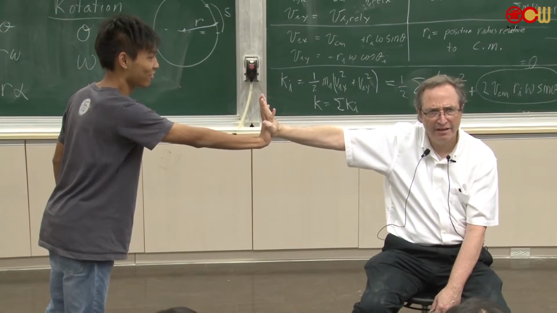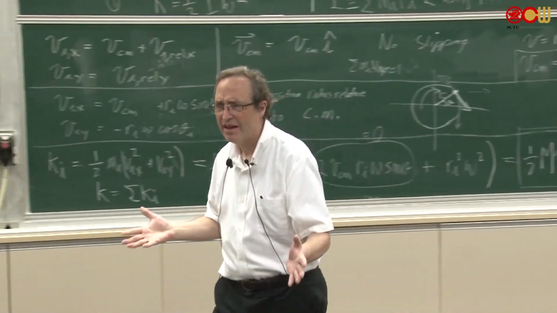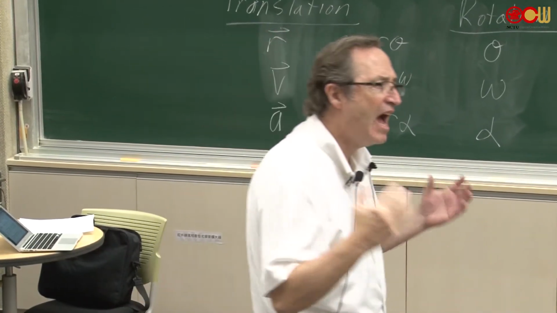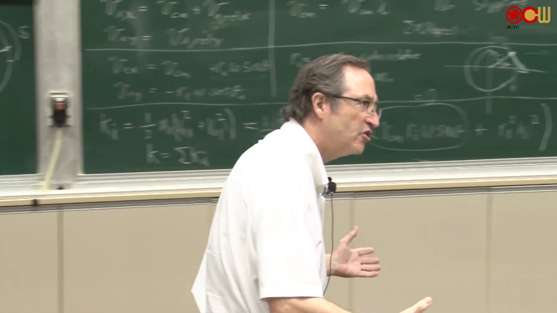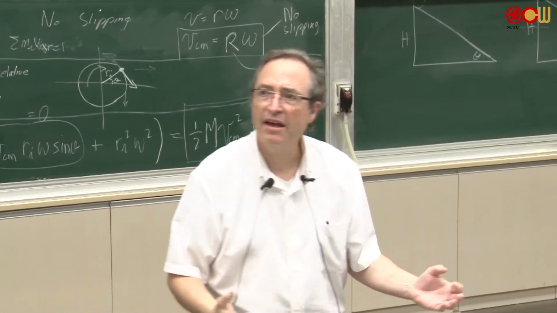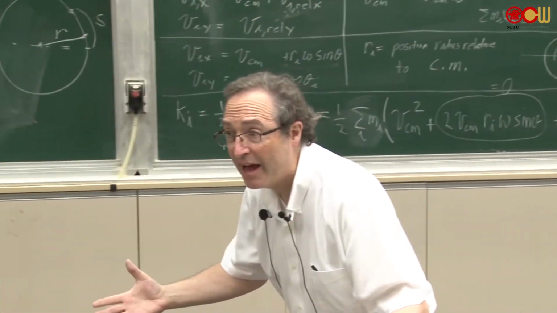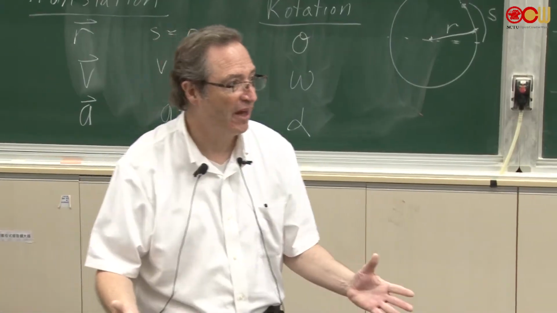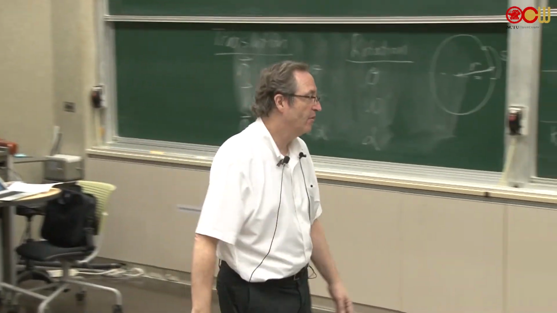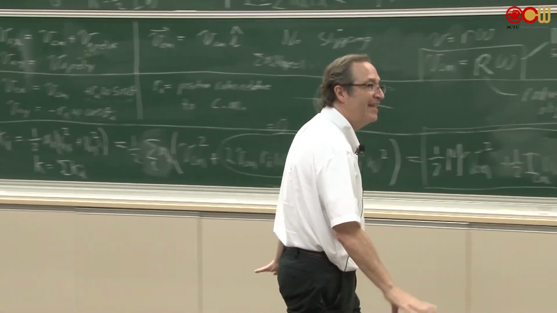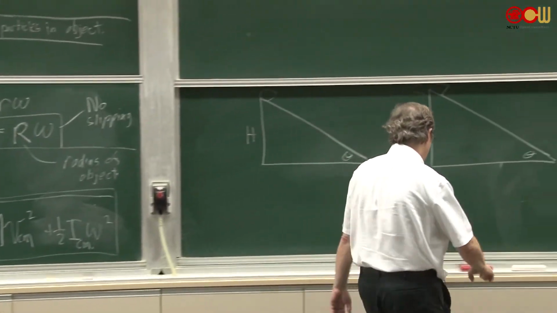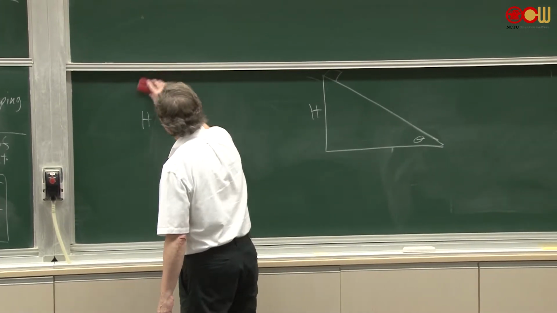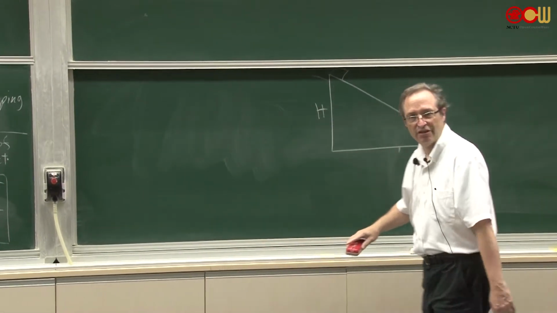Am I rotating? What you notice here is that when it comes to rotation, it's not just how much force you apply, but where you apply it and what direction you apply it that matters. Okay? So the simplest situation is where you apply the force tangential, right?